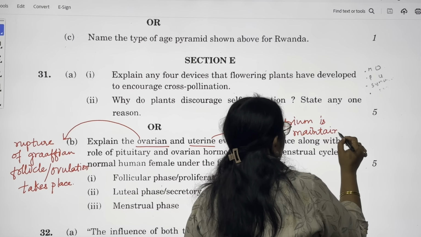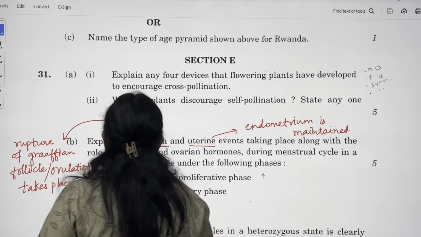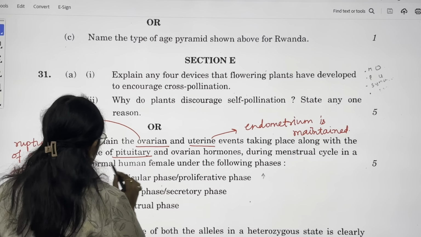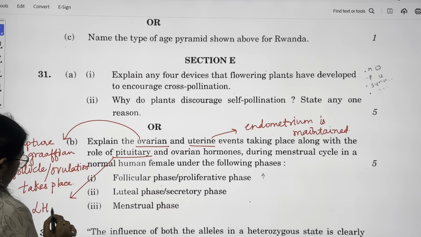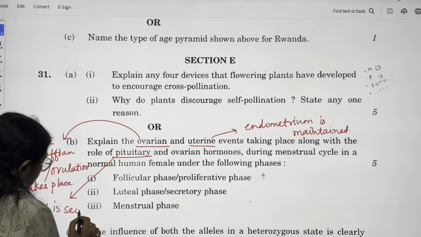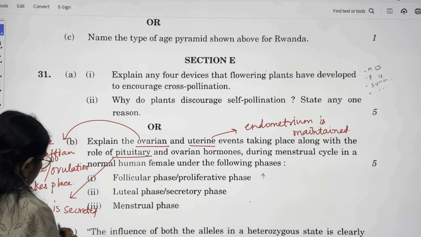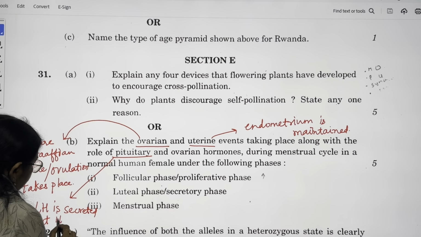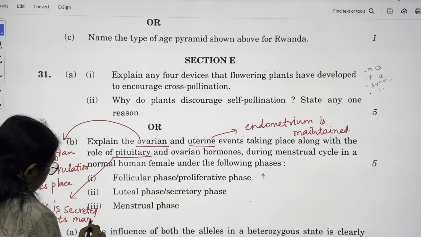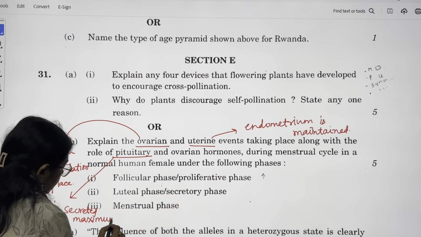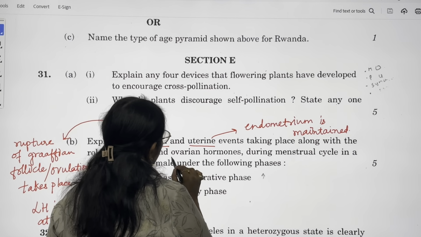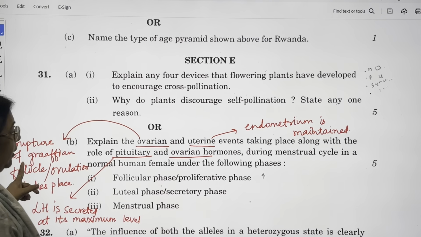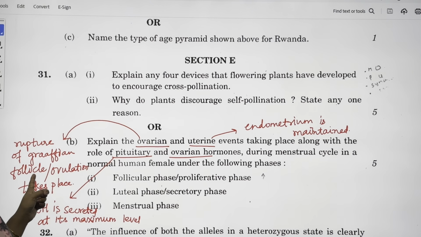About the pituitary hormone, LH is secreted at its maximum level. And for ovarian hormone, now Graafian follicle is ruptured, it means corpus luteum is also formed.